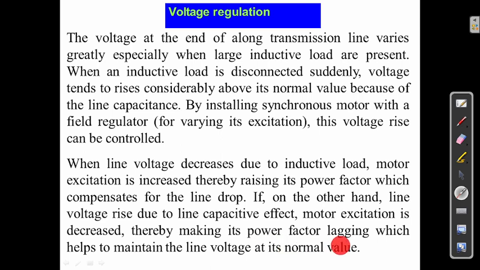In order to avoid this, the motor excitation should be decreased. If the motor excitation is decreased, then we will have a lagging power factor, which is used to maintain the line voltage at its normal value.